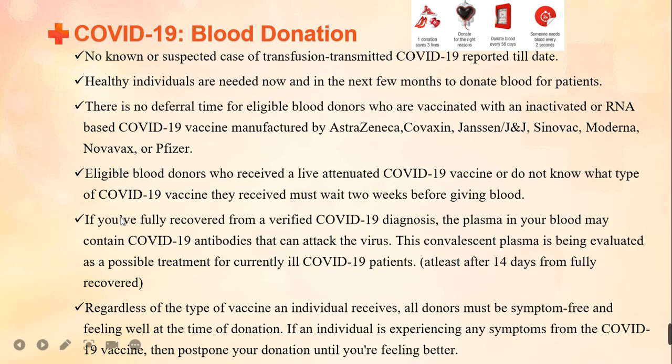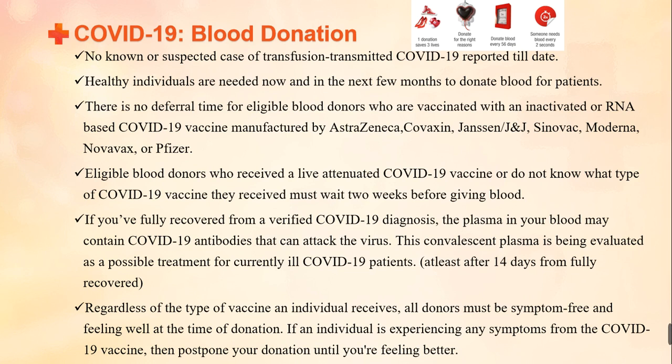And if you are a fully recovered COVID-19 patient, like you had COVID-19 confirmed by a physician or doctor, and now you have completely recovered from it, then your plasma has the immunity to fight against COVID-19.